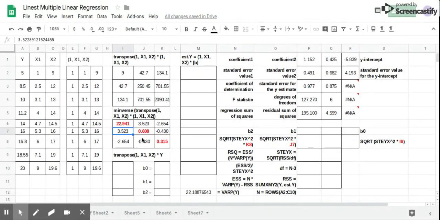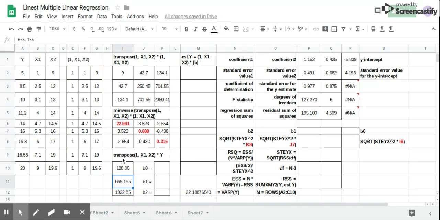Now we have the inverse. We can also multiply the transpose of this matrix to the y values. So it is equal to multiplying the transpose of this matrix to the y column.